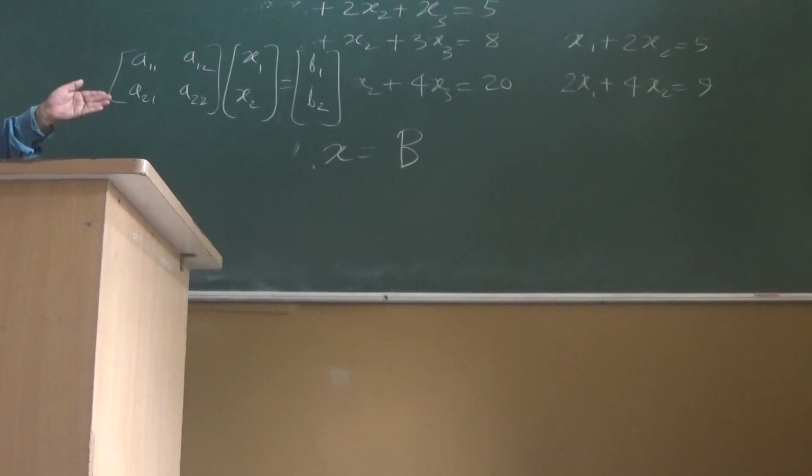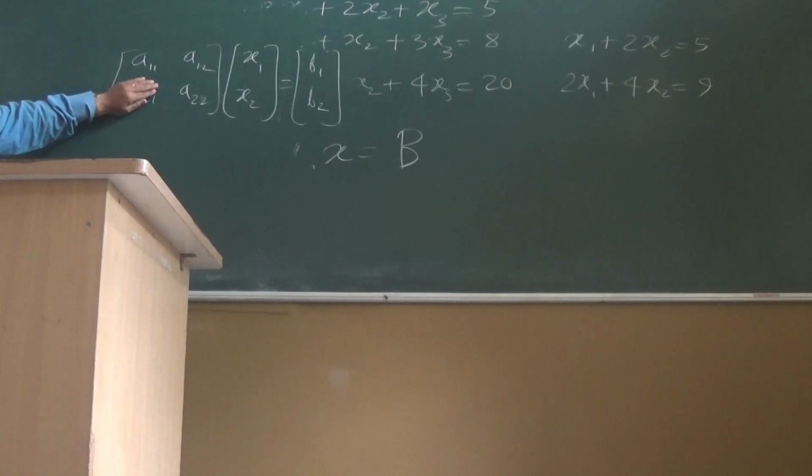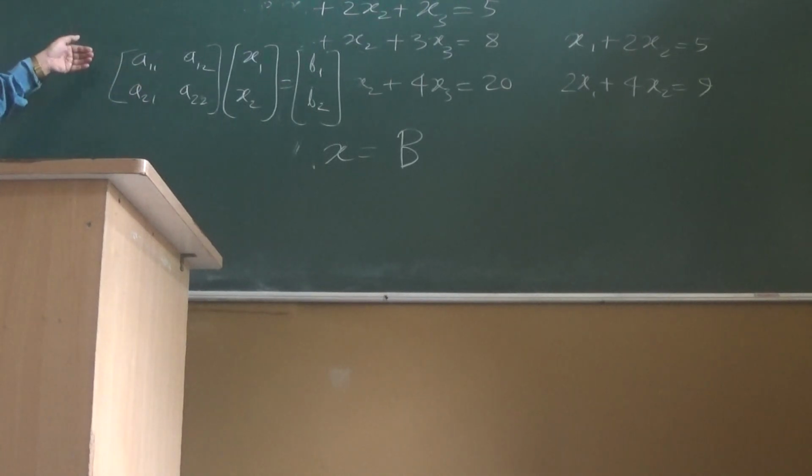Now one variable will be immediately known if A21 is 0. So what operations do you do? Row operations.